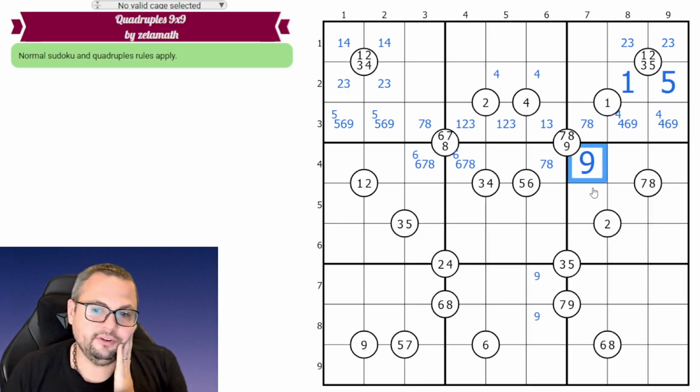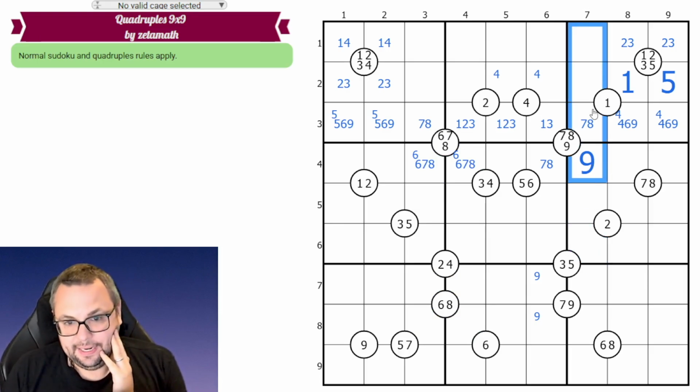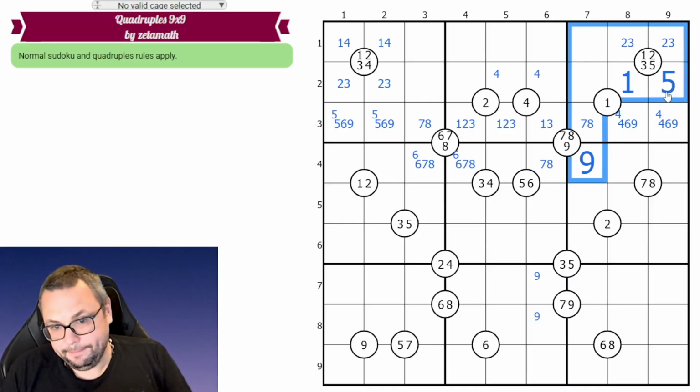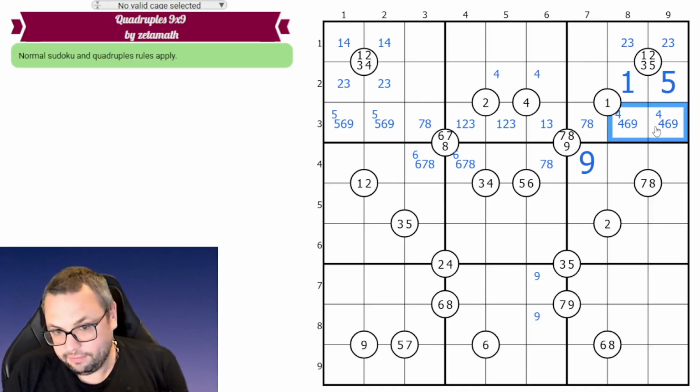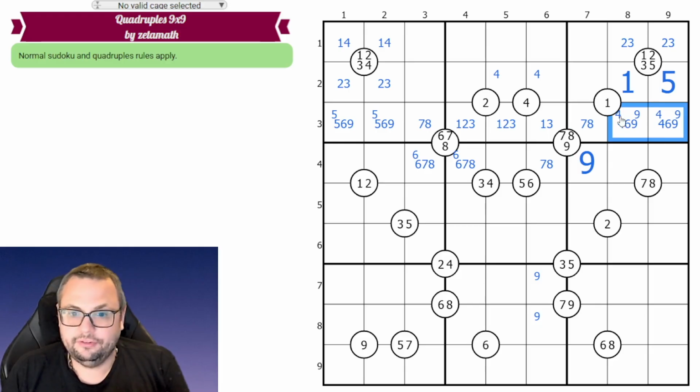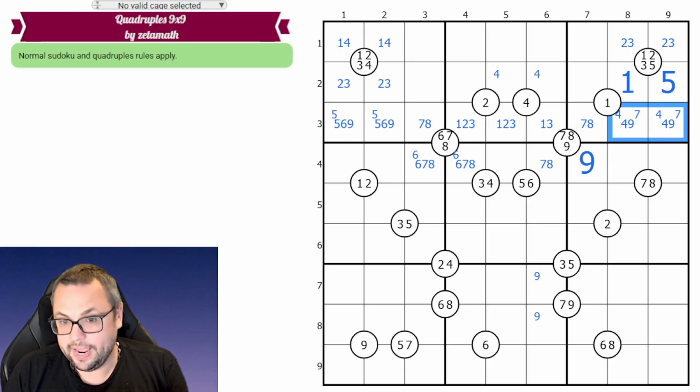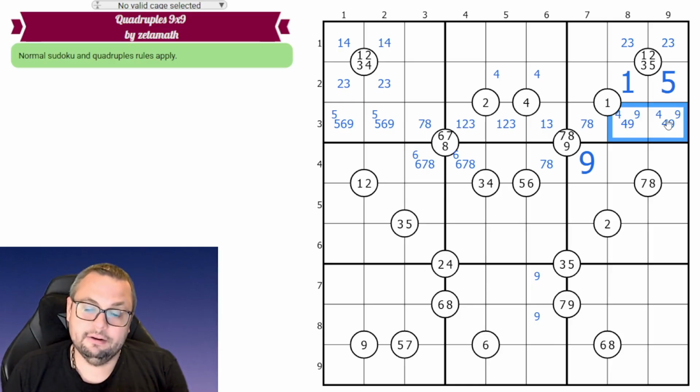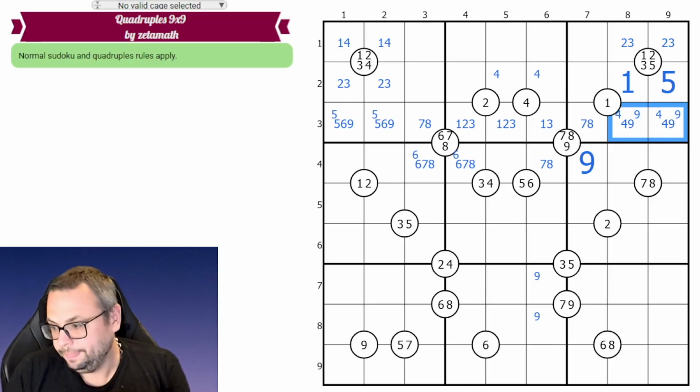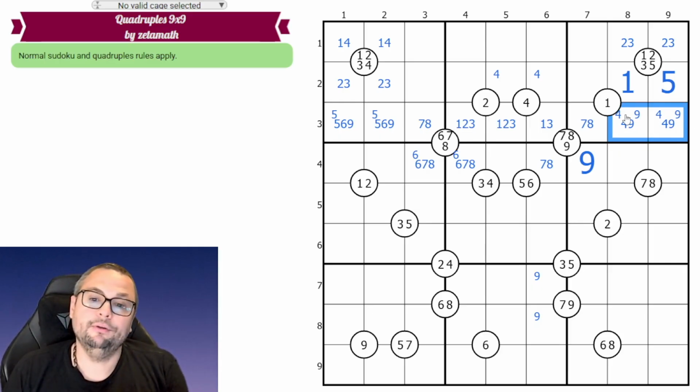Okay, here's the easier way. The 9 looks into box 3 and guarantees that one of these is a 9. And so that makes these a 4-9 pair by the way that our corner marks upgrade to center marks. Having the 4 and the 9 here in the corner means that the 4 and the 9 in this box go in these 2 cells, but that means I can't put anything else in these 2 cells.